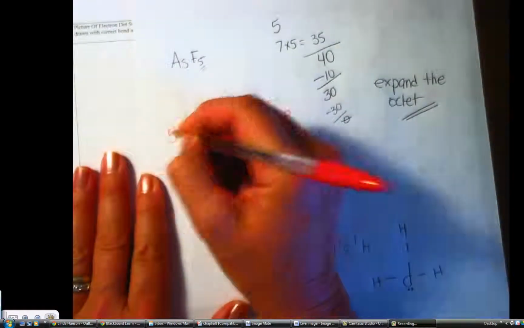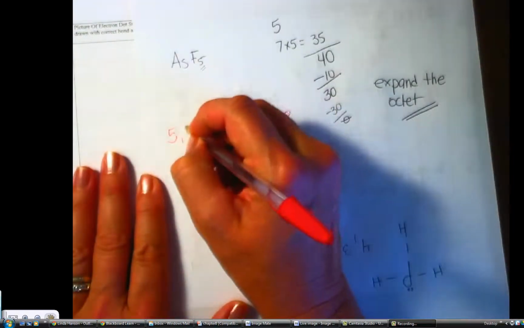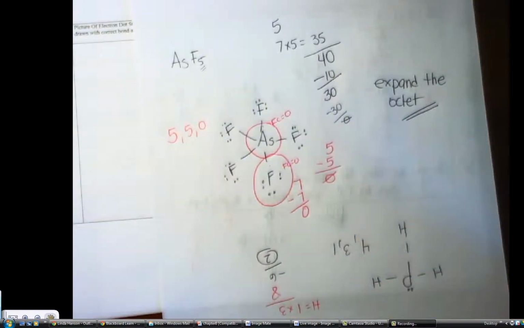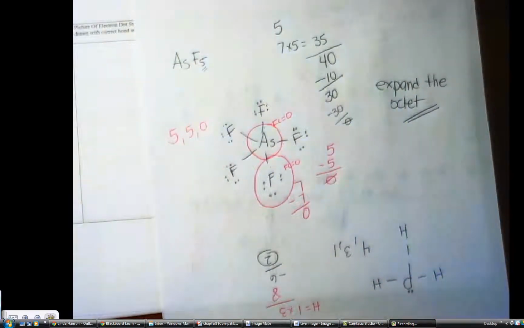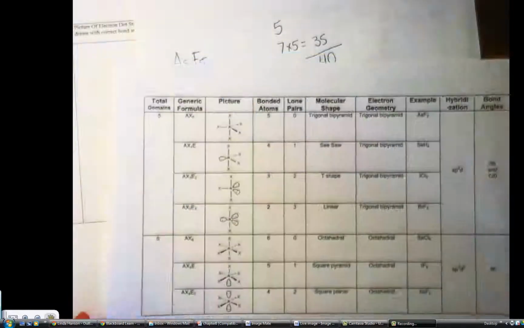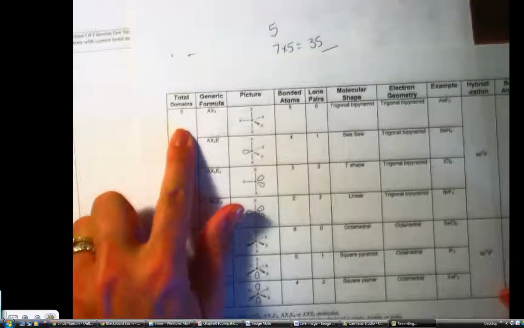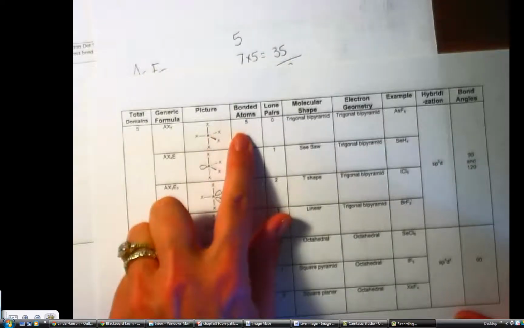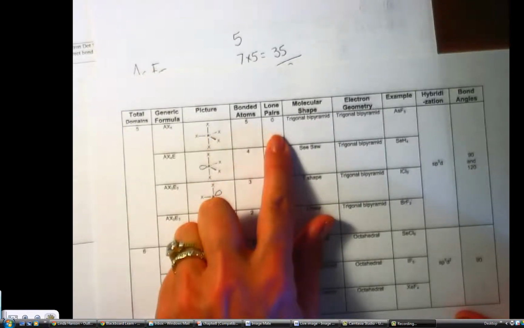So we had 5 domains, all 5 were bonded, 0 were unbonded. On the VSEPR chart, we need to find the 5, 5, 0. 5 total domains, all 5 bonded, 0 unbonded.